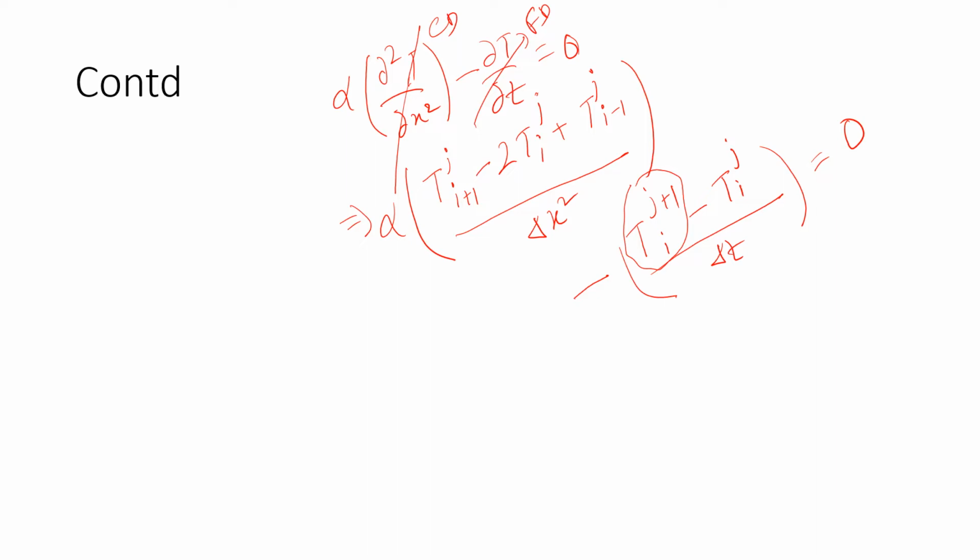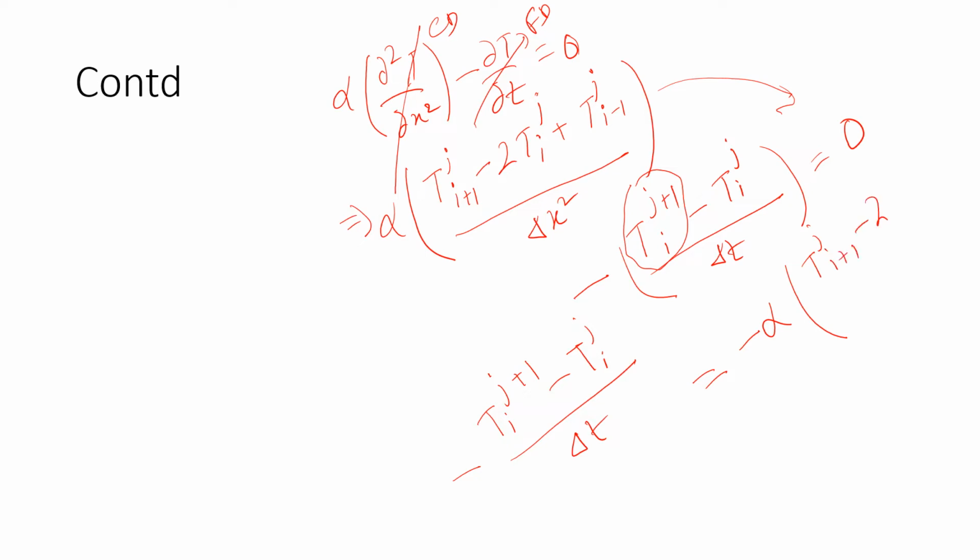So we can say this as minus T_{i,j+1} minus T_{i,j} over del t is equal to minus alpha times T_{j,i+1} minus 2T_{i,j} plus T_{i-1,j}.